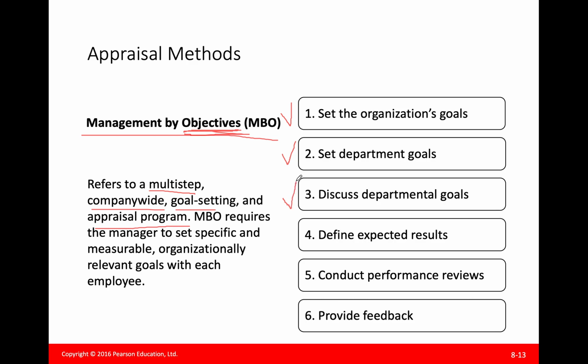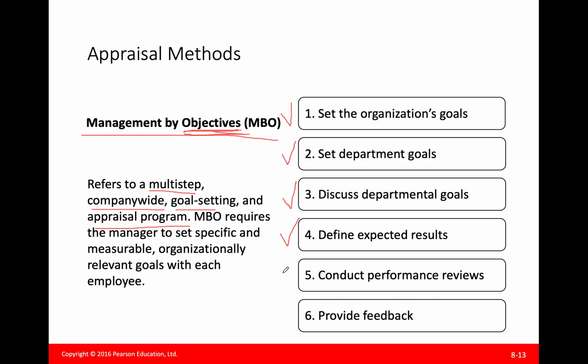After we set the department goals, we discuss them with each other and find the expected results. To achieve that 1 billion sales revenue, what are the results? How many contracts? How many meetings with clients? How many contract biddings? Bidding là đấu thầu. And how many of the items that we want to achieve? What are the results?